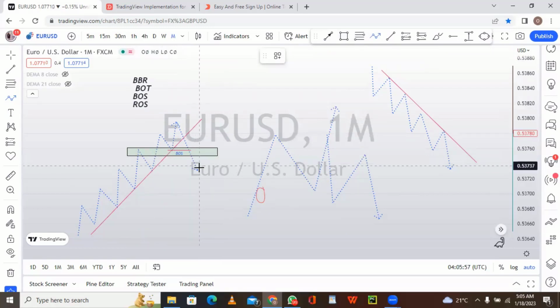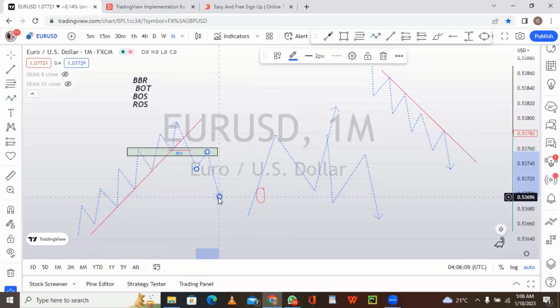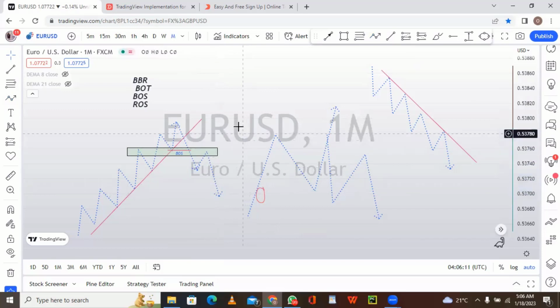This was a structure that was broken, and what you see is that the market will come down to this particular point to retest that zone, and then the market will switch to create a new lower low. So if you want to join, you will agree with me that this particular concept, in fact, transition, is exactly what BBR does.